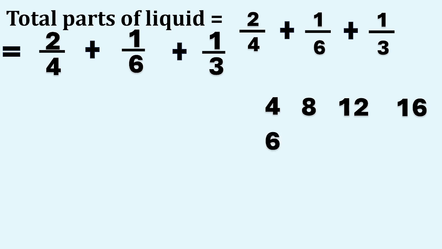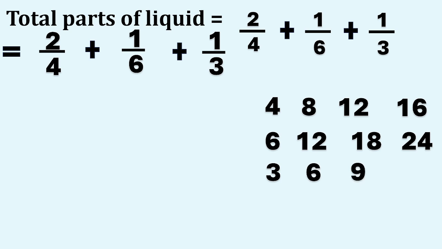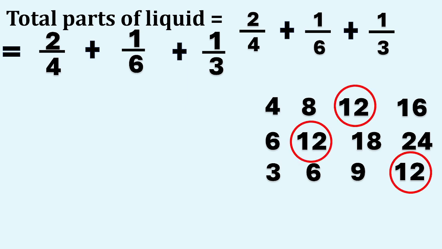The multiples of 6, we have here 6, 12, 18, 24. And the multiples of 3, we have here 3, 6, 9, 12. So, 12 will be our LCD, or least common denominator.